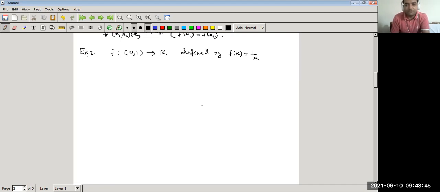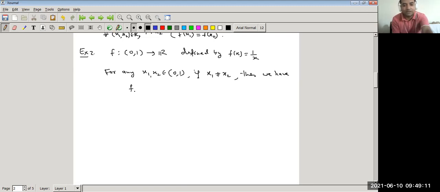Then this function is 1-1, because you can take any x1, x2 belongs to the domain (0, 1), if x1 is not equal to x2, then 1 upon x1 is not equal to 1 upon x2. You can take the reciprocal of distinct numbers, then the reciprocals are also distinct.